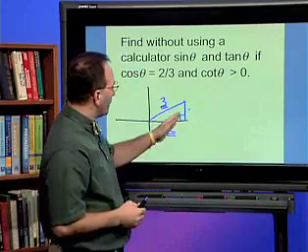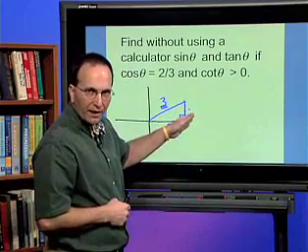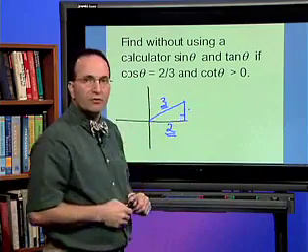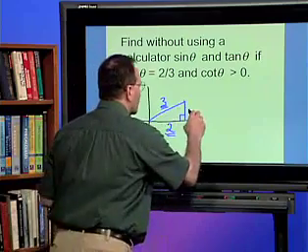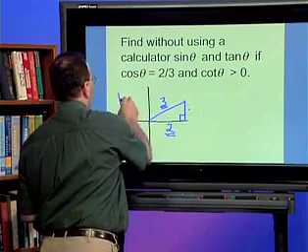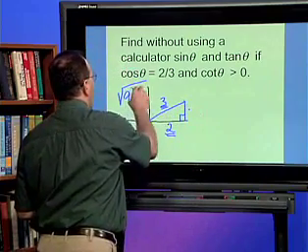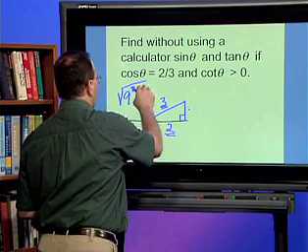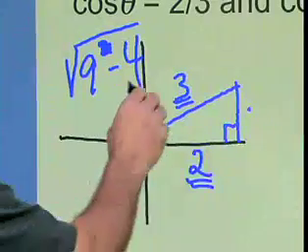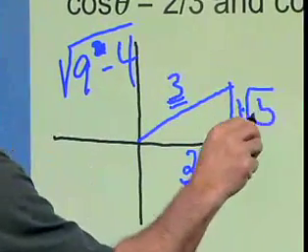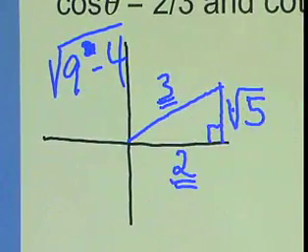We know that 2 squared plus the missing side squared is equal to 3 squared. Or in other words, this side is equal to the square root of 9 minus 4. So what we know is that that's the square root of 5.